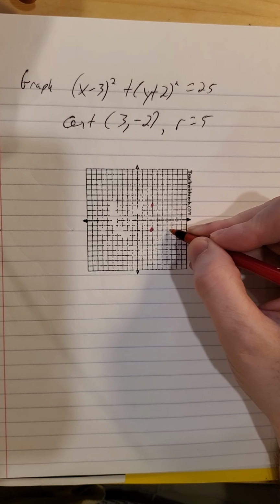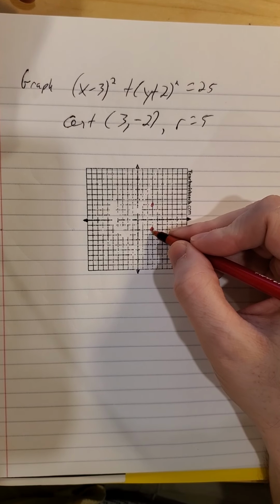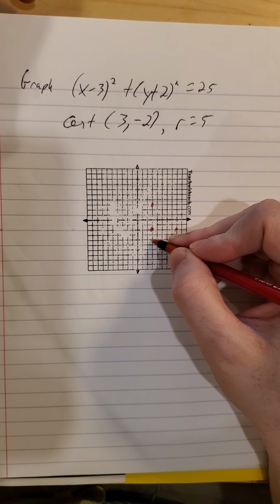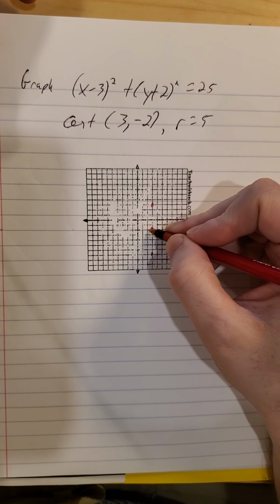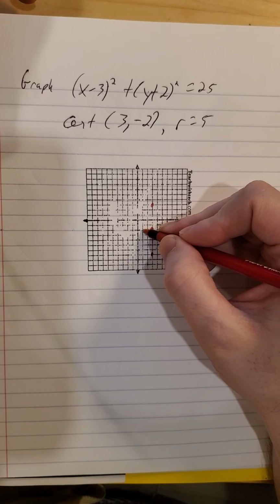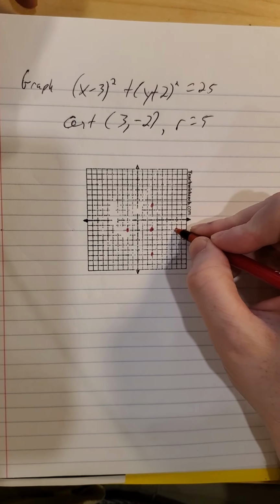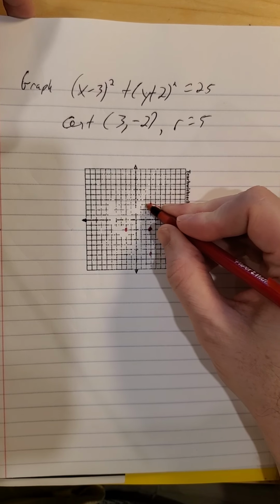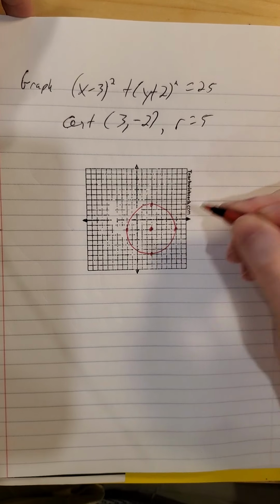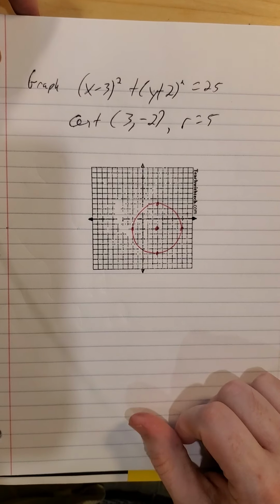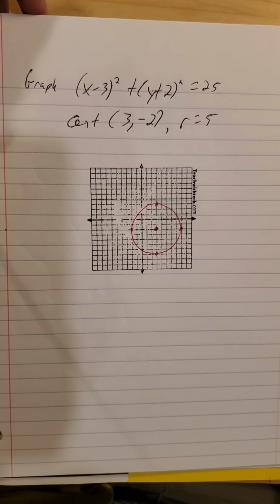Just 1 point in each compass direction is enough. So there's a halfway decent sketch of the circle described.